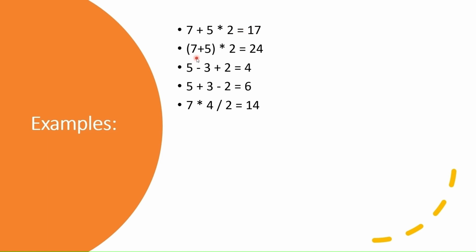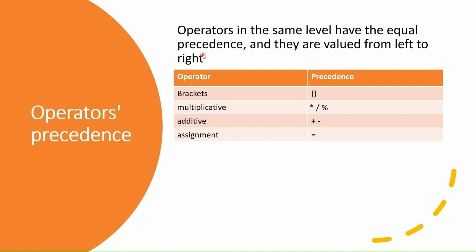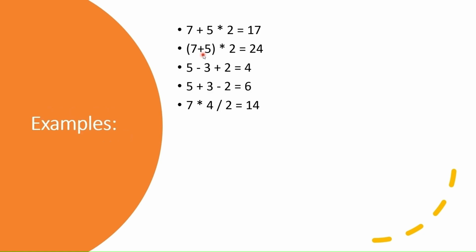In the second expression, we have 7 plus 5 multiplied by 2, but we have brackets surrounding the addition part. And as we mentioned, the brackets have higher precedence. All right, so the result will be 24. So 7 plus 5 equals 12, multiplied by 2 equals 24.